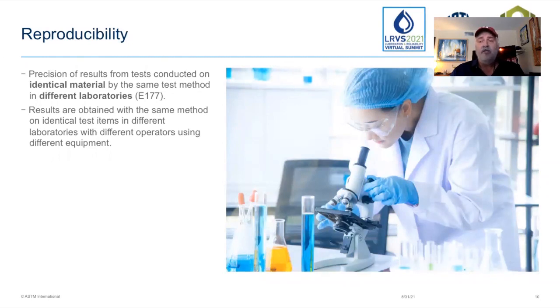So the reproducibility would be very similar to repeatability, the proper instrument, the proper calibrations, the proper sequencing of steps, and so on and so forth, but repeated by multiple technicians across many different laboratories. And so the reproducibility, one could expect, would have a larger plus or minus than the repeatability, simply because there are more variables brought into it.